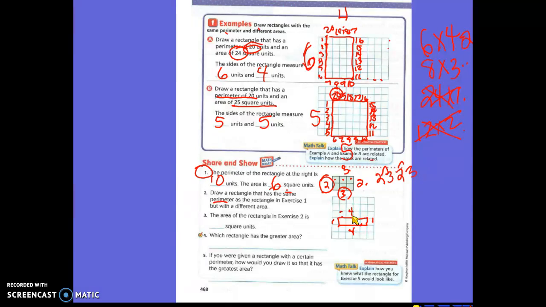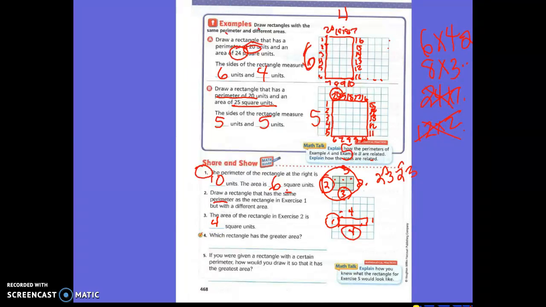Okay, we made a rectangle with the same perimeter, but with different area, because this had the area of 6. What is this area? 1 times 4 is what? 4. Okay, so the area of this new rectangle that you drew was what? 4.